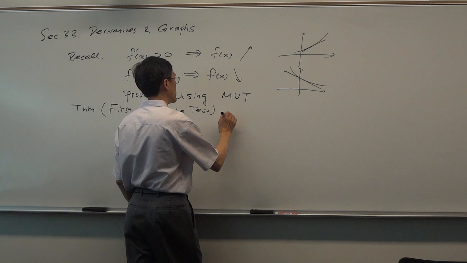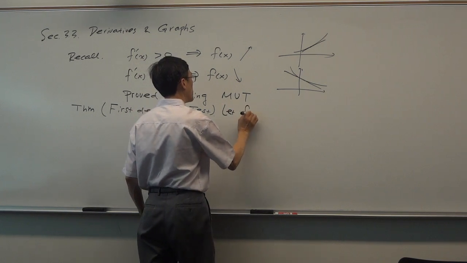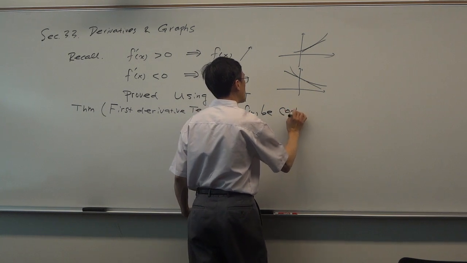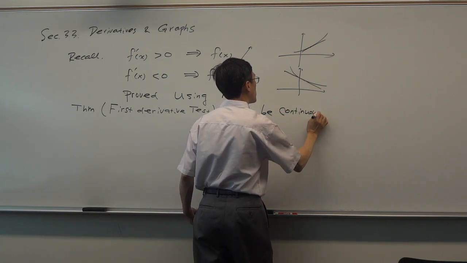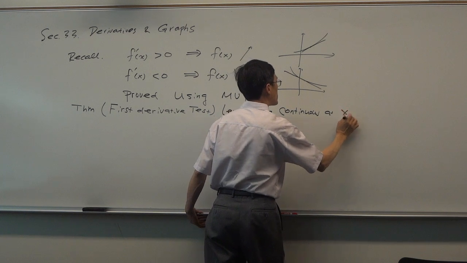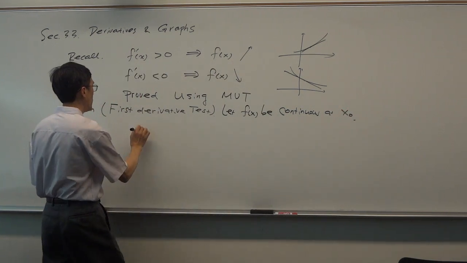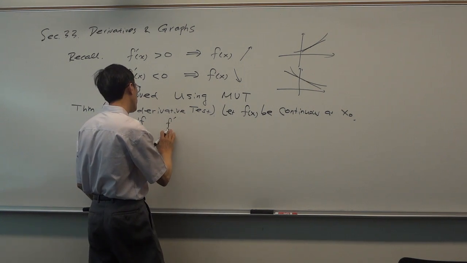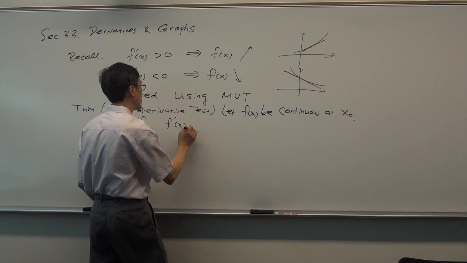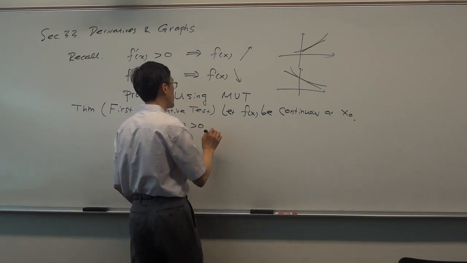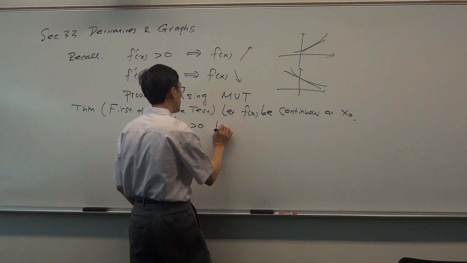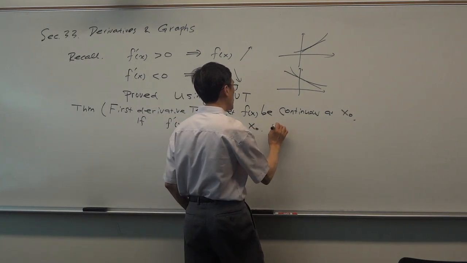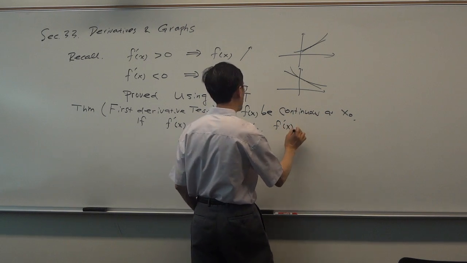So let f(x) be continuous at x equals x0. If f prime x is positive before the point, and negative after.